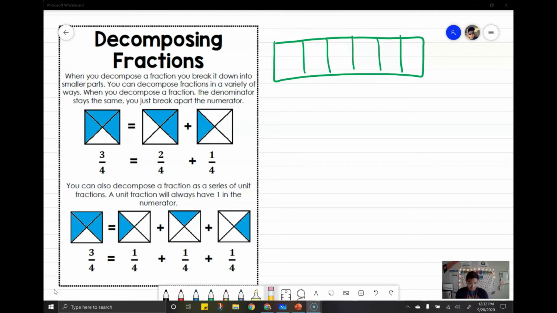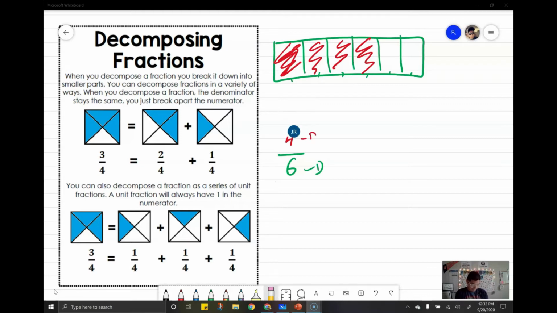Let's see. 1, 2, 3, 4, 5, 6. 6, okay. So my denominator is going to be what? 6, good. And let's see. Okay, what's going to be my numerator? Good, 4, because I shaded it in 4.